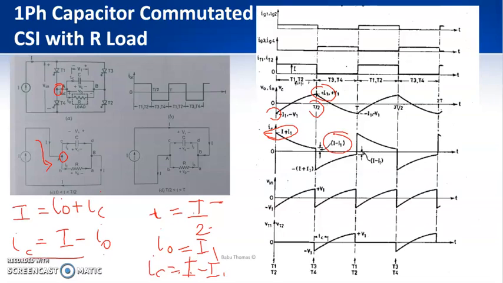Now the same thing will be repeating for the rest of the cycle. Now again, you need to plot the voltage Vin. This terminal is not going to change. But the current will be flowing like this, and also it will be flowing in the opposite direction, like this.